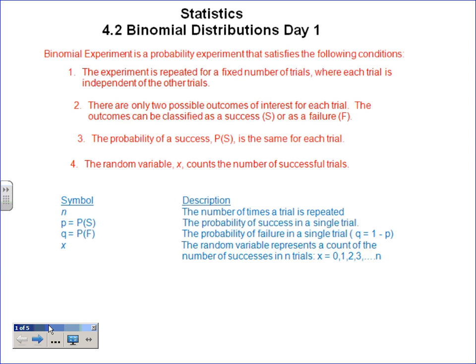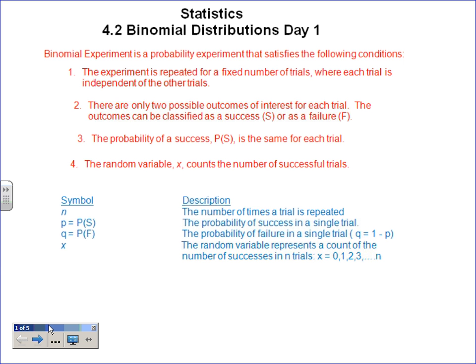So if the probability for the first trial was 1/6, the second trial, the probability of success better be 1/6. Well, isn't that kind of the independent thing that we already said? All right. And obviously, if the probability of success is 1/6, probability of failure has to be 5/6. So if you say the probability of success has to be the same, you're really saying the probability of failure also has to be the same for each trial.